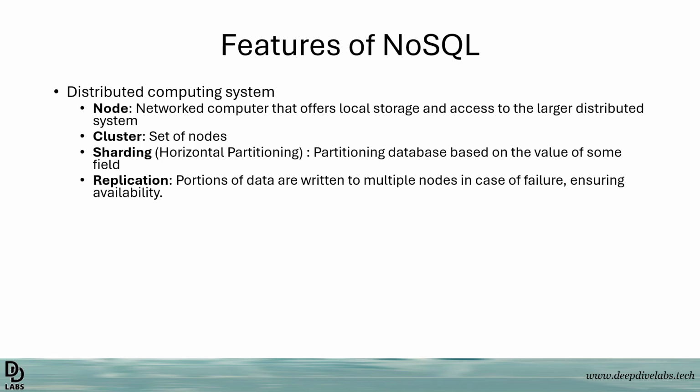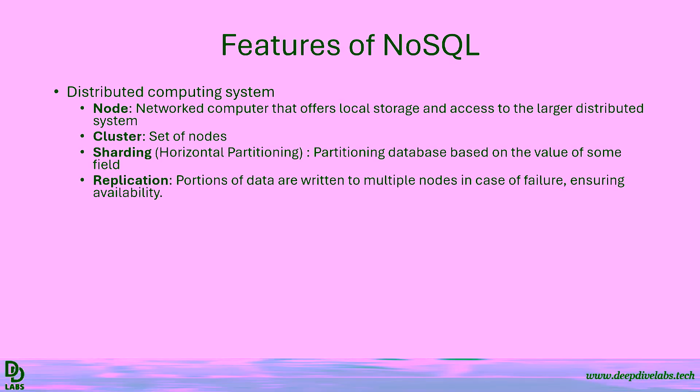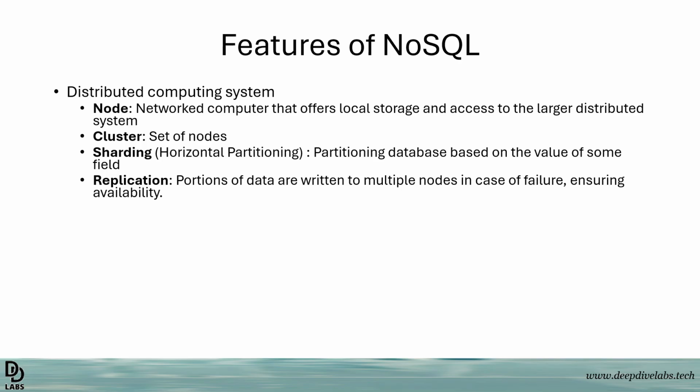Then there is another terminology called sharding. Sharding essentially takes care of partition tolerance. It is called horizontal partitioning. So how do we partition data across these multiple clusters? By partitioning the database based on the value of some field.